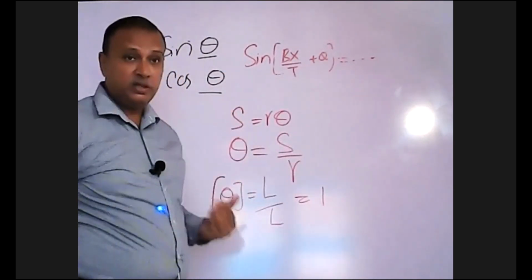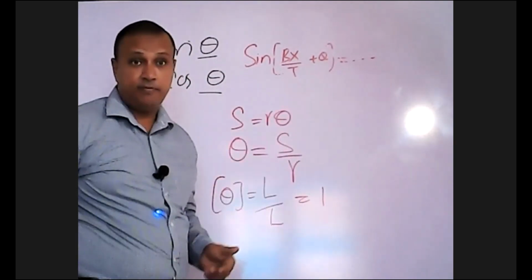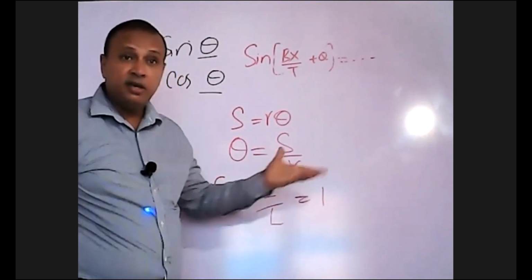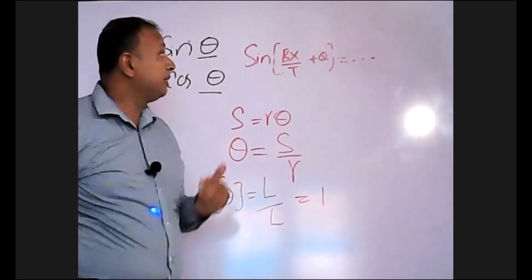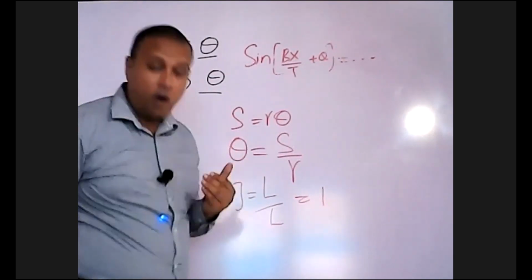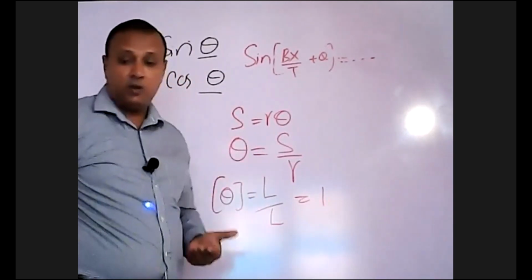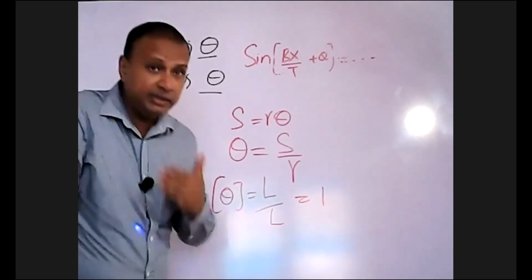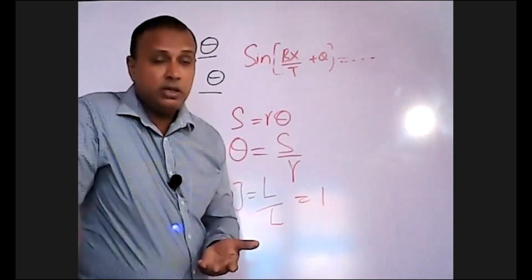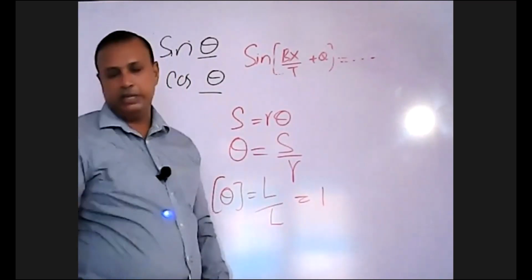In a logarithm function, within the function, it should be a number. So there is no physical quantity in logarithm functions. But in a trigonometric function, there is a physical quantity, that is angle. But that physical quantity does not have a dimension.